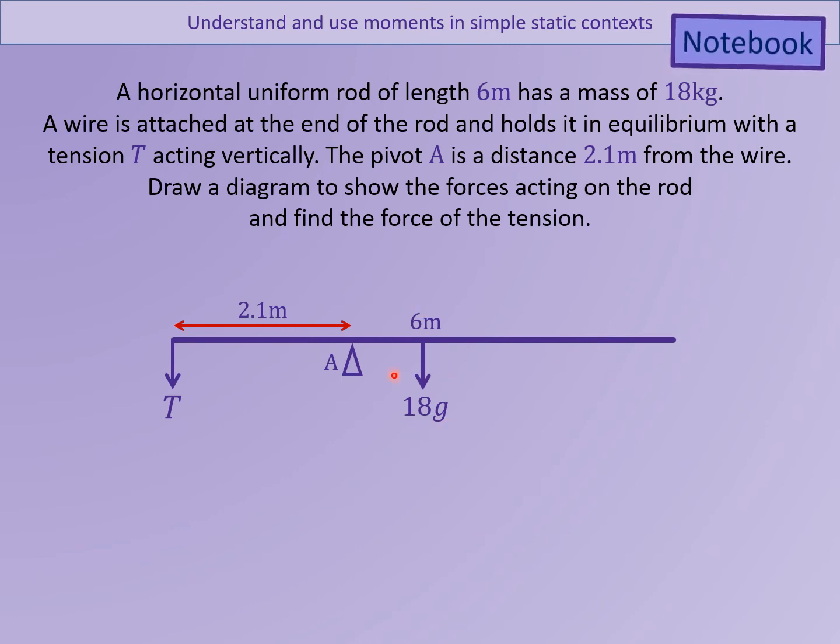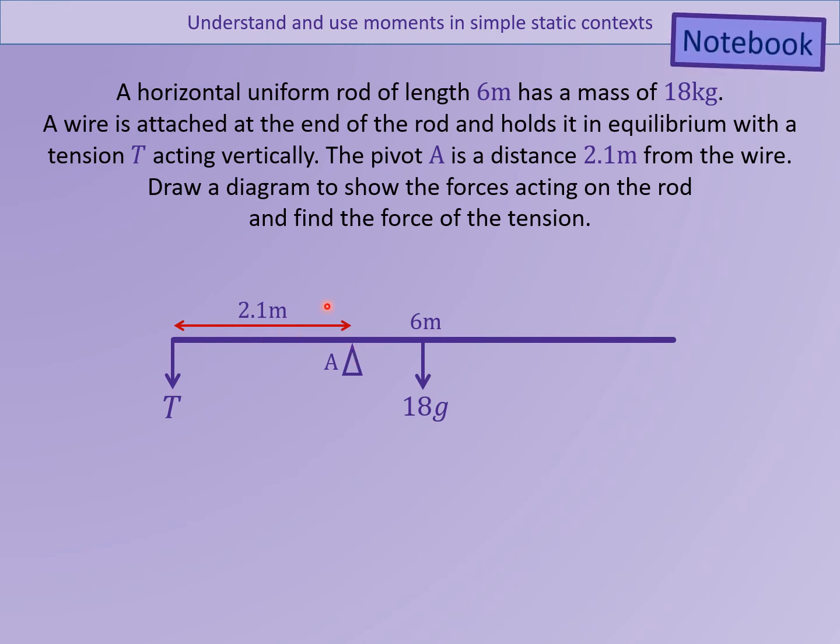And you can see it, can't you? 18g is the force a certain distance away from here, so it wants to rotate round here. It wants to rotate clockwise. Now, if you had your tension going upwards, that's also going clockwise, in which case this entire bar would definitely spin around that pivot point.